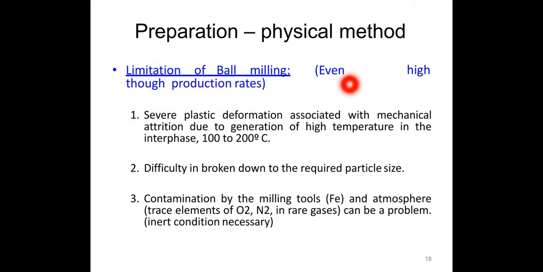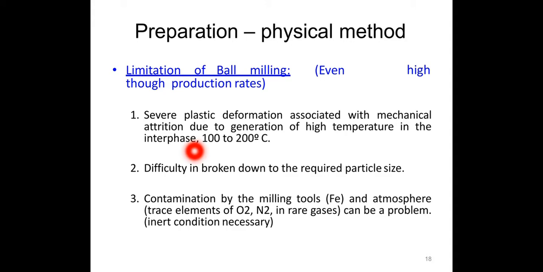Limitation of ball milling. Though the production rate is high, there are certain limitations. Severe plastic deformation is associated with mechanical attrition due to generation of high temperature at the interface.